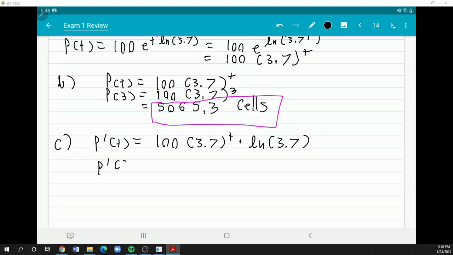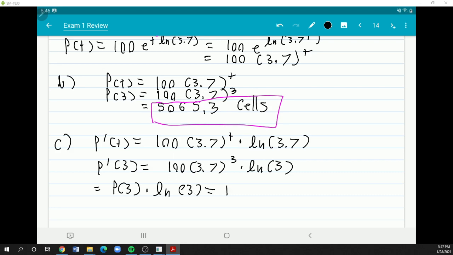So P prime of 3 is, plug these things in now, 100 times 3.7 to the 3 times log of 3.7. Also, we could note this is just going to be this number times log of 3.7. And that makes sense because the population is proportional to its rate of growth, P prime of 3.